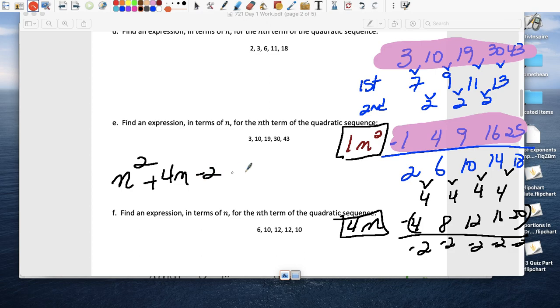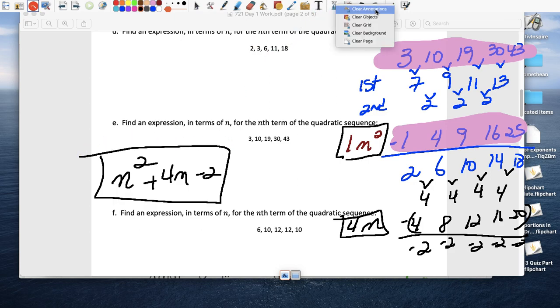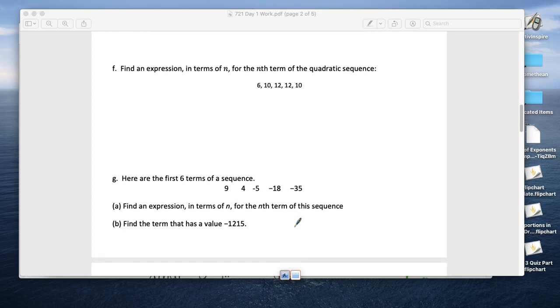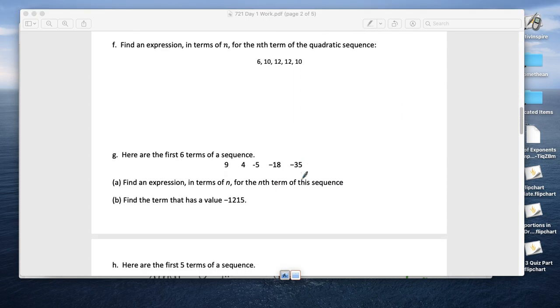So think about it. For 4 to become 2, I subtract 2. For 8 to become 6, I subtract 2. For 12 to become 10, I subtract 2. So this is my final answer, the final expression.